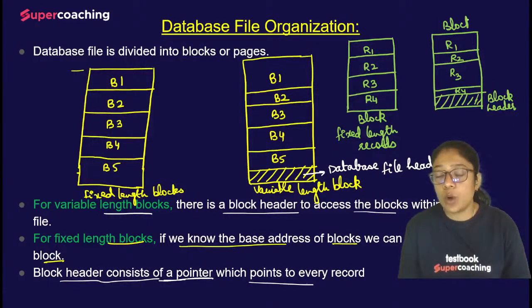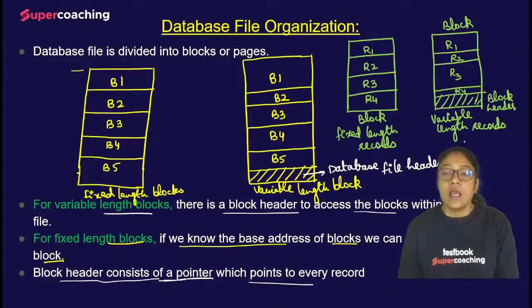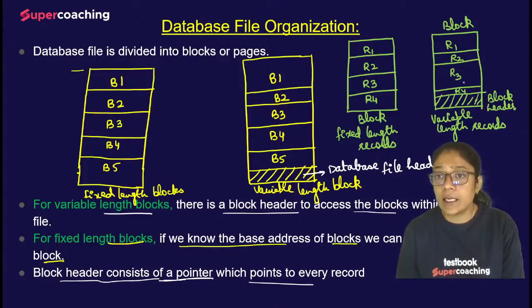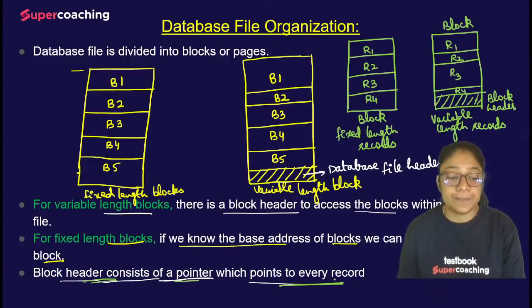And inside this block, we are storing the variable length records. Make sense? So in order to access any record from a variable length record, for that block header is containing the pointer, and this pointer will be pointing to each and every record of the database file.